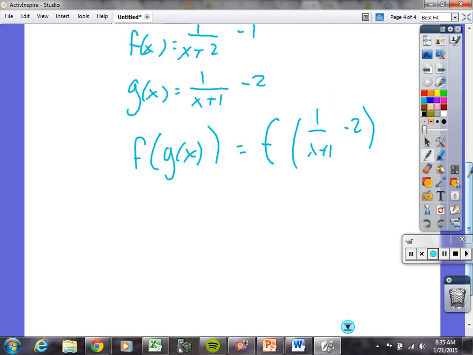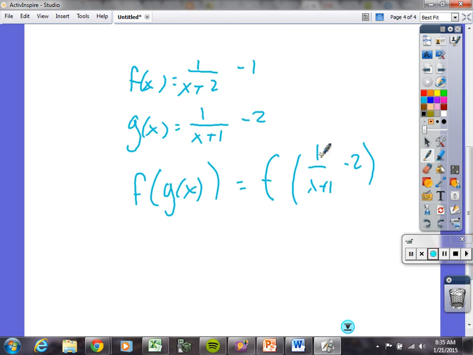Okay, so the thing is, we're going to put all this stuff right there, right? Is that a correct statement? So here we go. 1 over x. X is going to represent these things right here, correct? 1 over x plus 1 minus 2.